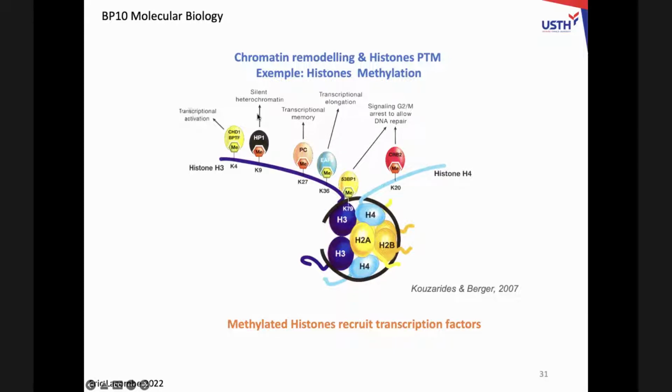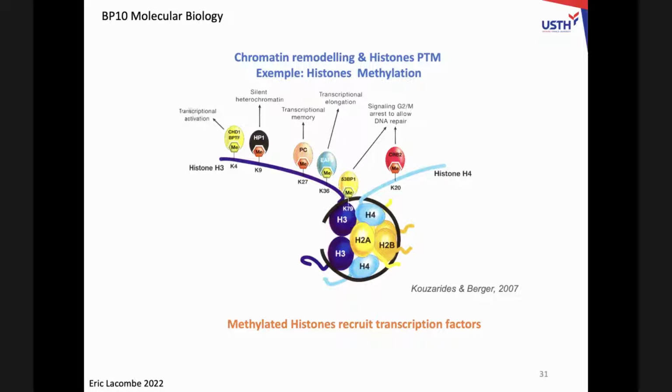So technically, what I want you to remember is the concept that the modification of the tails of histones is done by enzymes. It's a reversible process because, in the case of acetylation, you can add an acetyl group and you can remove it. These are two different enzymes that are doing this job. You have methylation, exactly the same process.